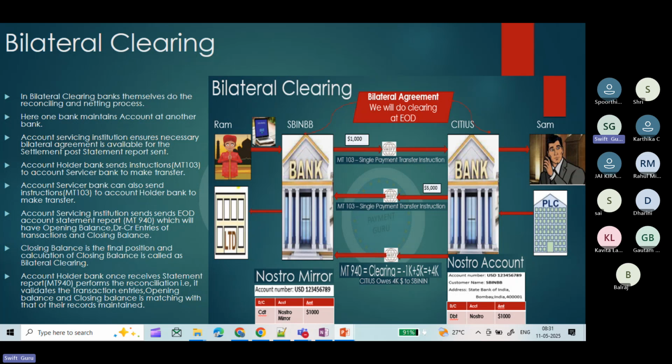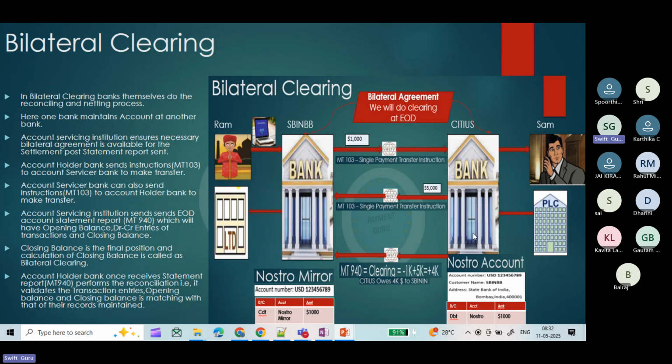Whenever they open an account for the USD currency, they will define a cutoff time, saying that after 5:30 p.m., any customer request that comes in will be notified that the cutoff time for the USD currency is 5:30. Any payment transaction initiated after 5:30 will be processed on the next business day. So at 5:30 p.m., if that is the cutoff time defined between State Bank of India and CTS Bank, then CTS Bank will do the bilateral clearing themselves.